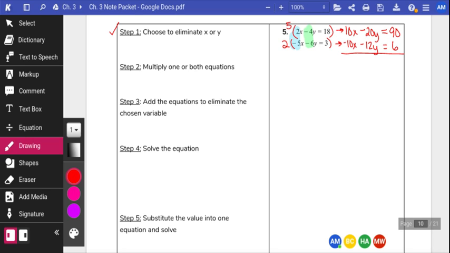I have just eliminated my x's this time, and I've multiplied both equations in this case. Now I'm going to add to eliminate my chosen variable. So those x's go away because I get 0 x's. My y's, I get negative 32y is equal to 96.